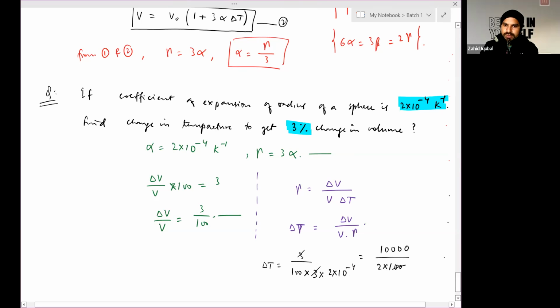So 20 and 20 will cancel out. So 2 in 50 times will be this. So delta T will be equal to 50, either in degrees Celsius or in Kelvin, it will remain the same.